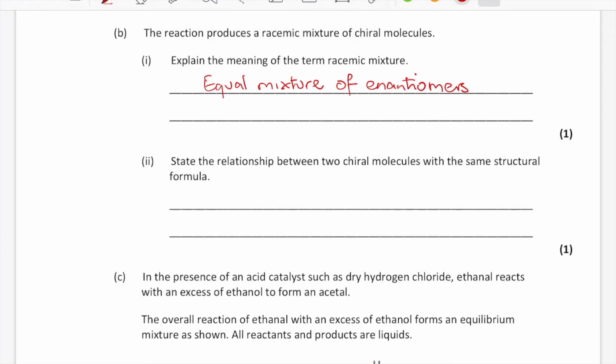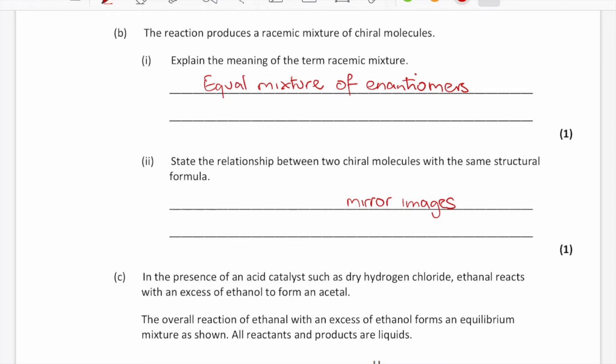And if we were trying to show these two chiral molecules, you would do it by drawing mirror images, and that is what they want here. They want the fact that these molecules are mirror images of each other. Now that would be enough to get the mark, but I'm going to add something because I think it's an important thing to stress.